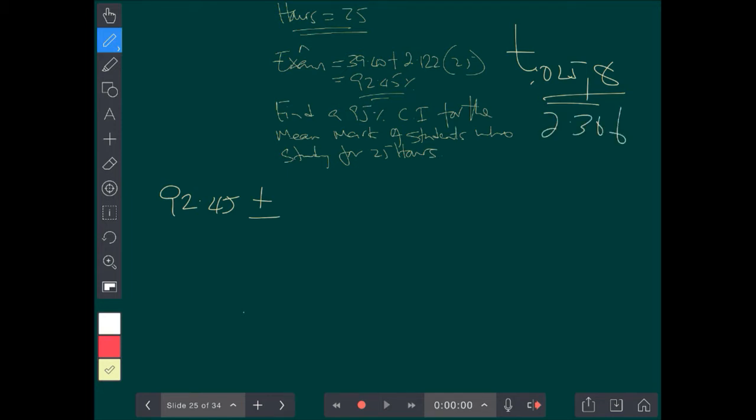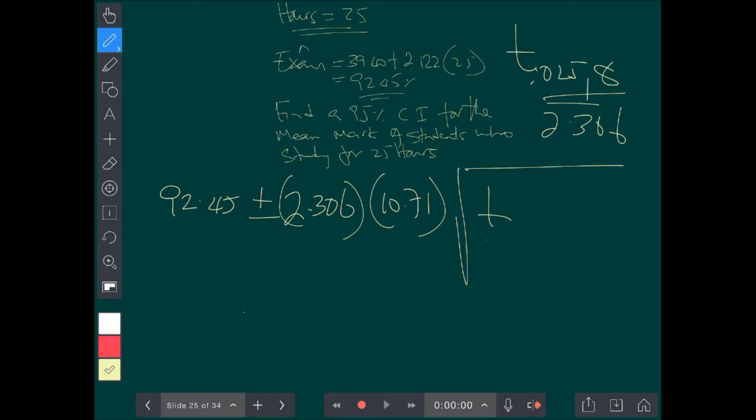So that is 2.306, that's our t value, times the standard deviation of the errors, which was 10.71, and then we want 1 over 10 plus x_g, which is 25, minus x bar. What is x bar?